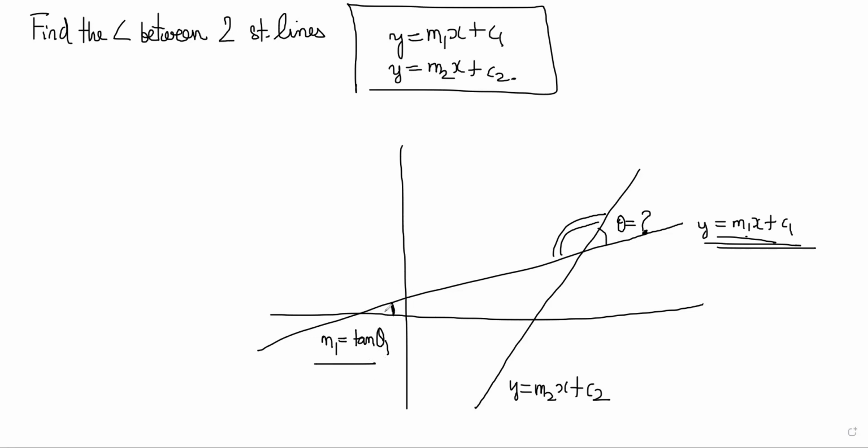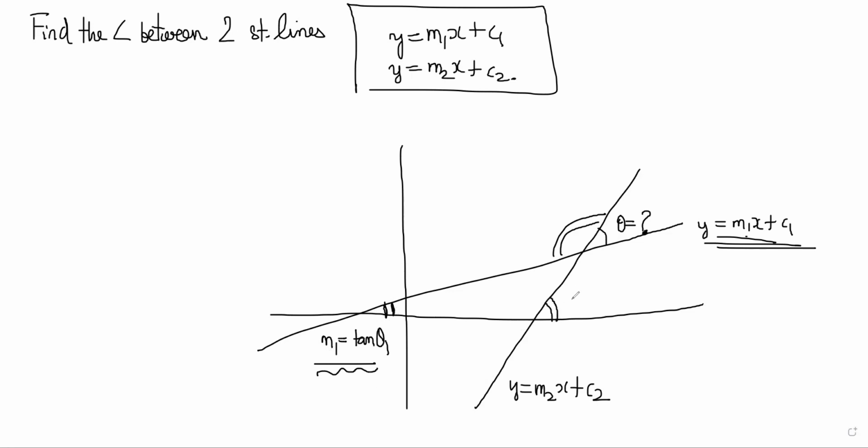Because slope of a line means what? The angle that the line makes with the positive x-axis, take the tan of that, right? So this angle, if we call theta 1, tan theta 1 should be your m1.